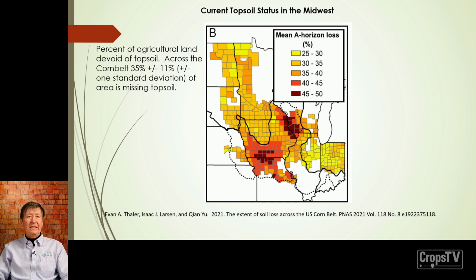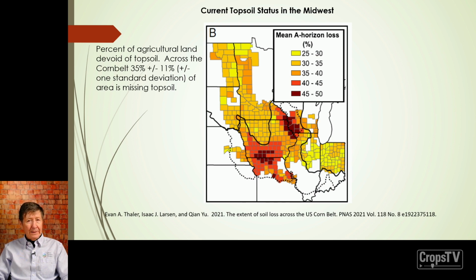Not thinned, devoid, gone, missing. This study indicates their best estimate was on average 35% of the farmed land area in the Corn Belt is devoid of topsoil. It's missing, it's gone. It's not 10 inches thick, it's gone.